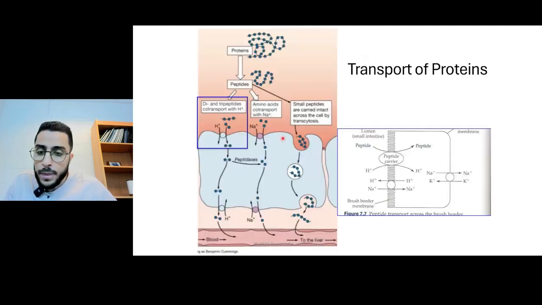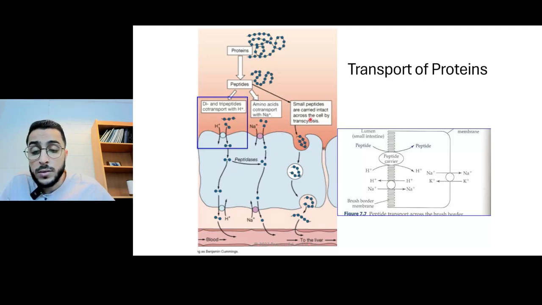So the three modes of transport of amino acids: if it is a di or tripeptide, usually it goes through endocytosis, okay, where the cell just engulfs whatever it's trying to take, and then carries it inside. Amino acids can get transported with a sodium transporter.